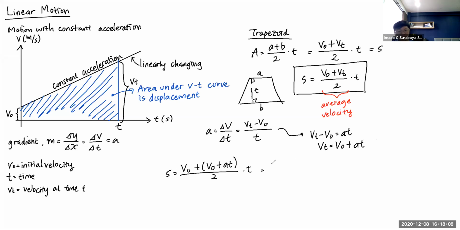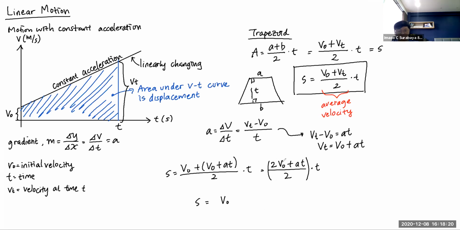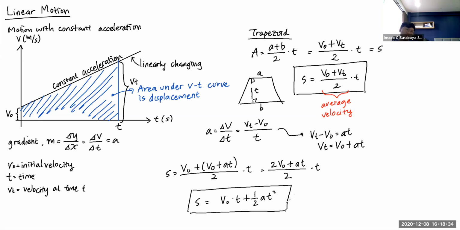If we simplify and distribute, we get V0 times t plus half of a times t squared. So we got this one. This is one of the most important equations in motion with constant acceleration.